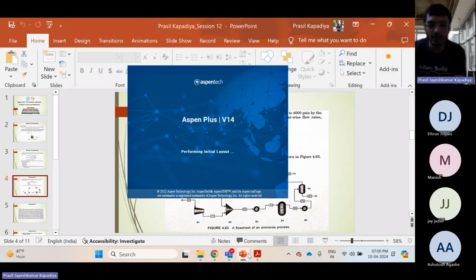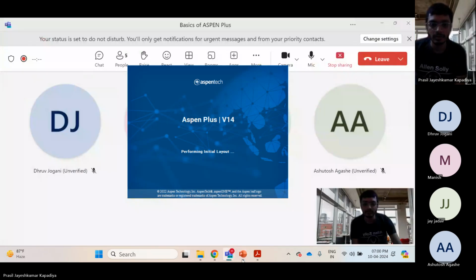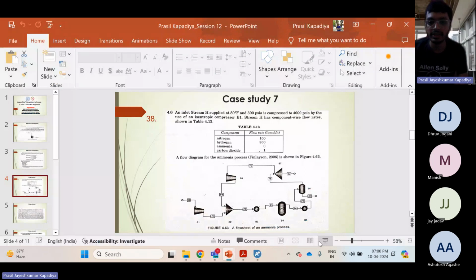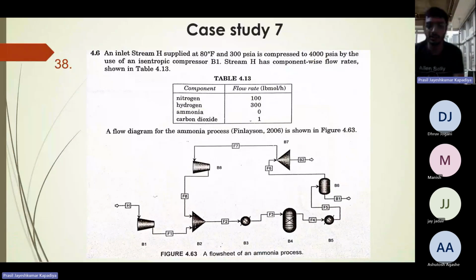If you want to take the screenshot, you can just wait a minute. Okay, if you want to take the screenshot, I will keep this here.